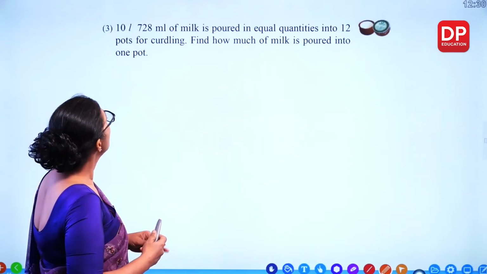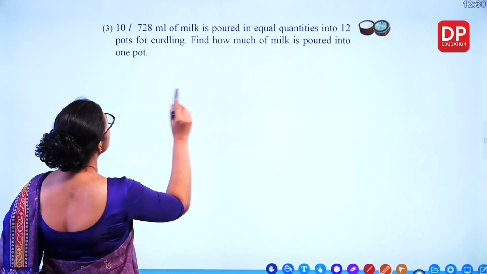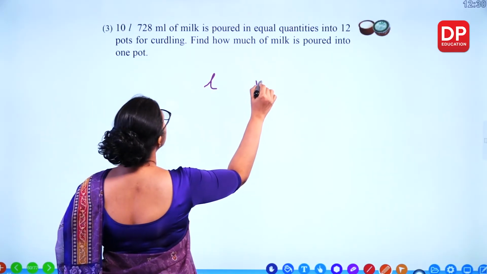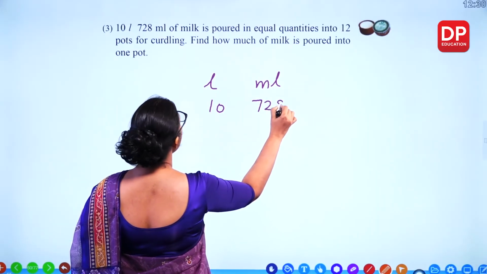Look at question number 3. 10 liters, 728 milliliters of milk is poured in equal quantities into 12 pots for curdling. Find out how much milk is poured into one pot. So this is equally divided. So you can divide and see. So liters, milliliters, 10 and 728.